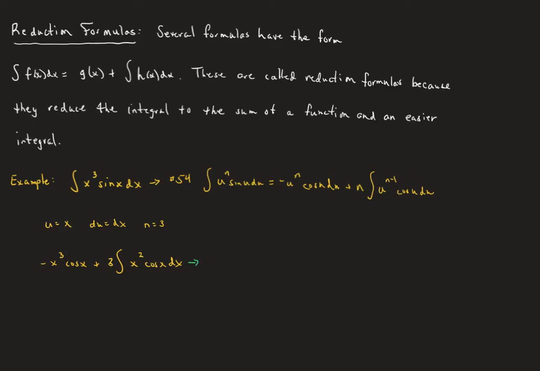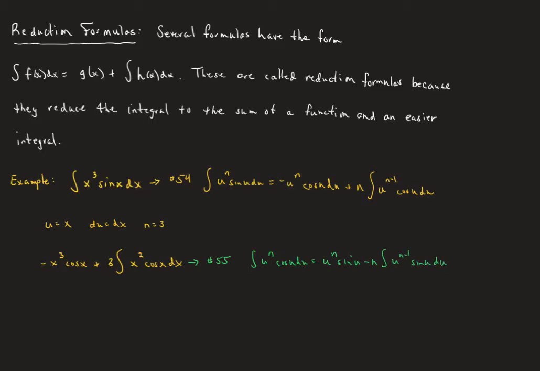I'm going to change colors just so you see. Now we're going to look for this on the table, and this one is number 55. So they're in that same group. That says the integral of u to the n cosine of u du is equal to u to the n sine of u minus n times the integral of u to the n minus 1 sine of u du.